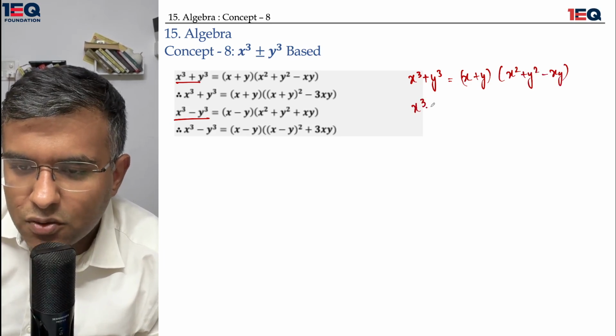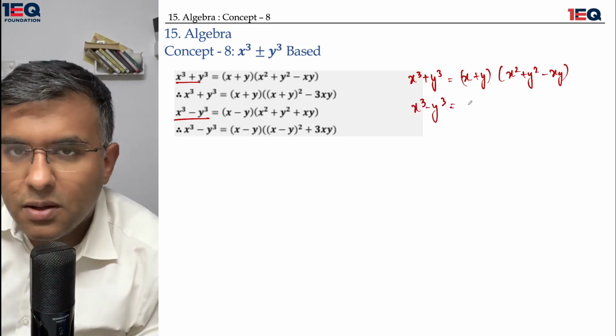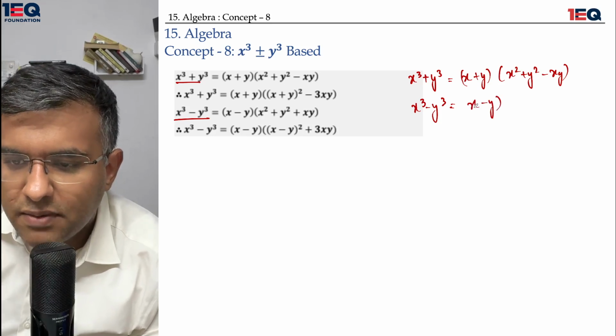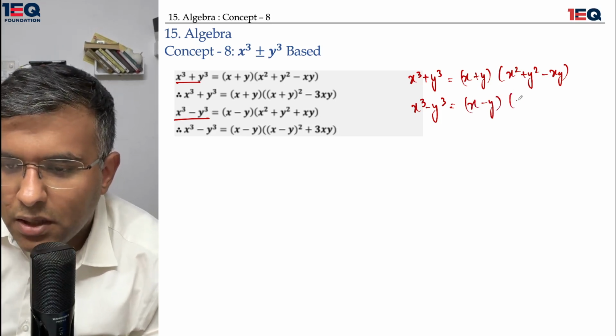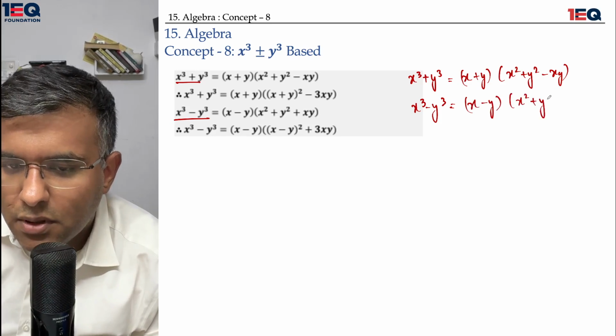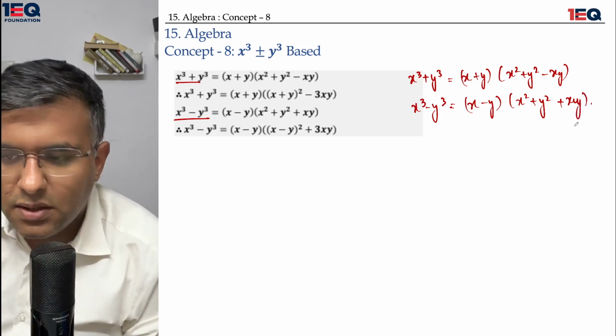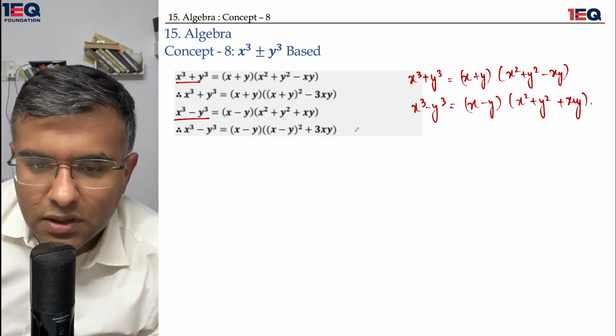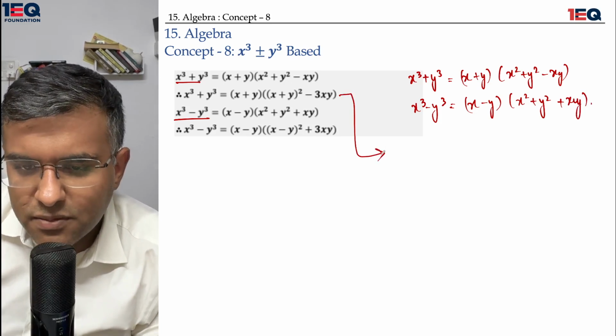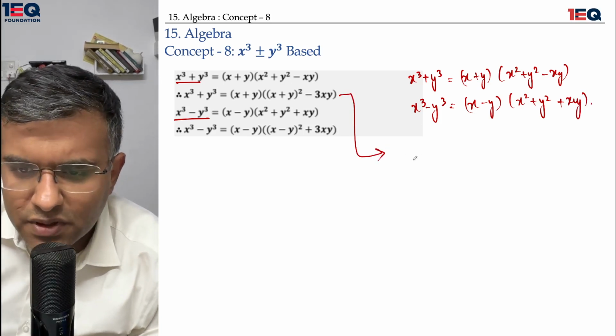Similarly, x cube minus y cube comes down to be x minus y multiplied by x square plus y square plus xy.